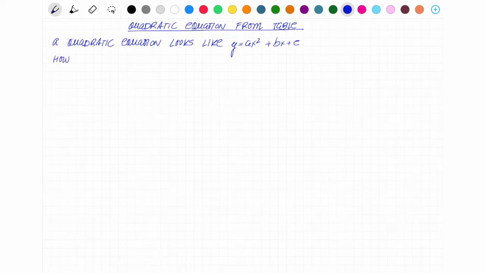So for the how-to guide step by step, first, if they haven't given it to you, create a table, so you've got everything nice and tidy. Then you always check for the first order difference, and you were hoping for a constant here, but because this is a quadratic, this won't be constant.